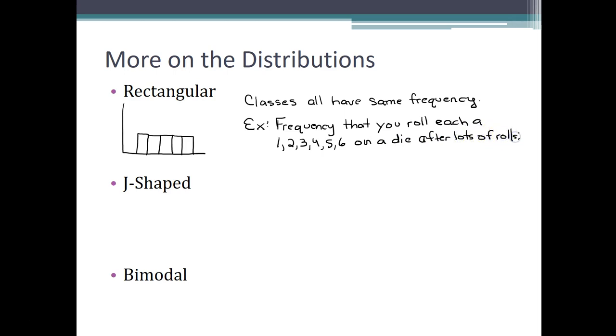So say you roll the die 100 times and you keep track of how many times you land on a 1, how many times you land on a 2, how many times you land on a 3, etc. And you use the 1, 2, 3, 4, 5, 6 as your classes and how many times you land on them as your frequencies, you should get a rectangular shape distribution in that case.